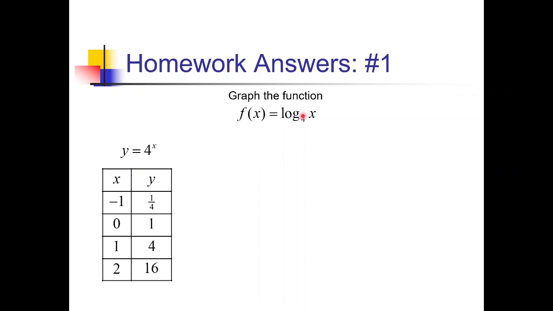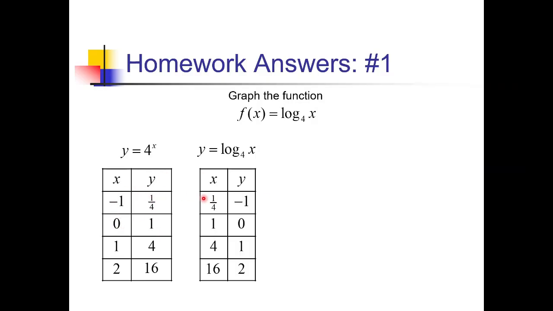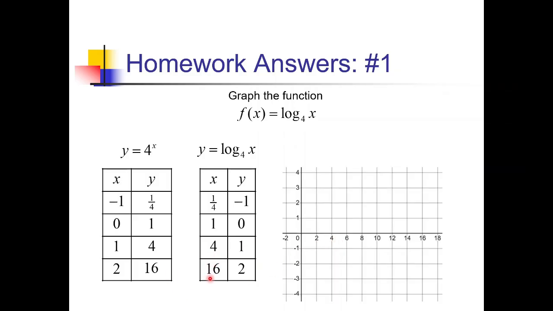Now for the log base 4 table, I'm just going to switch all the x and y values since these are inverses. So now we have 1/4 comma -1, 0, 1, and so on with all these other x and y values that are switching. Let's go ahead and graph this, and I'll leave myself a little more room on the x-axis to accommodate that 16.